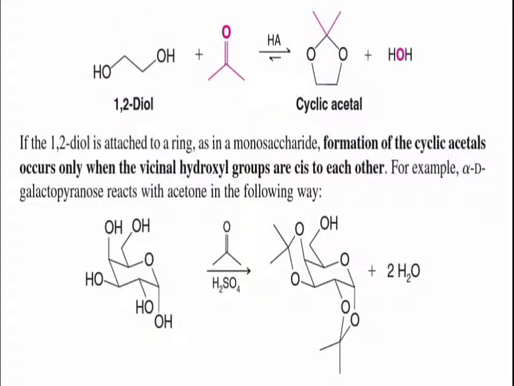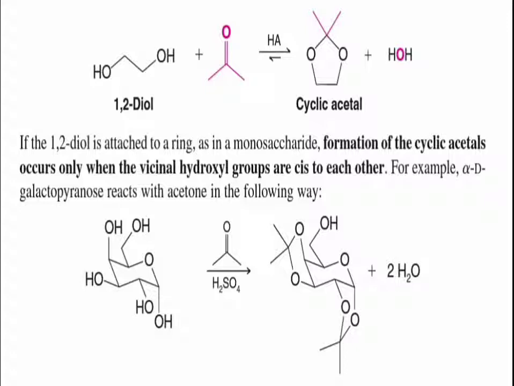If the 1,2-diol is attached to a ring, as in a monosaccharide, formation of the cyclic acetal occurs only when the vicinal hydroxyl groups are cis to each other. For example, alpha-D-galactopyranose reacts with acetone in the following way.